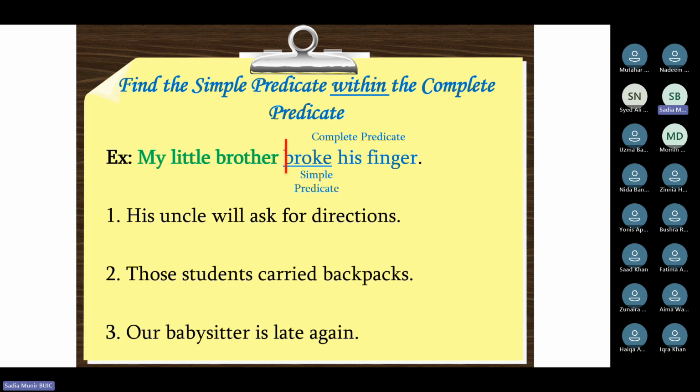Now look at the second sentence. Those students carried backpacks. Where do we start our predicate in the second sentence? Carried, or carried backpacks together, that is the complete predicate.